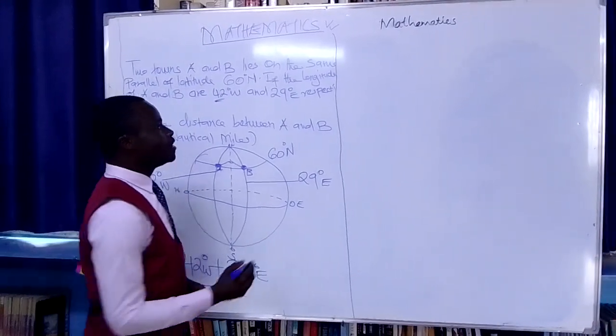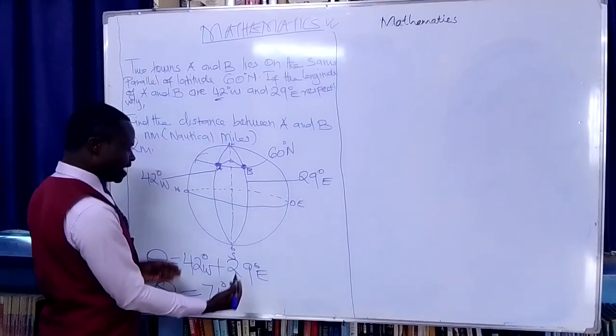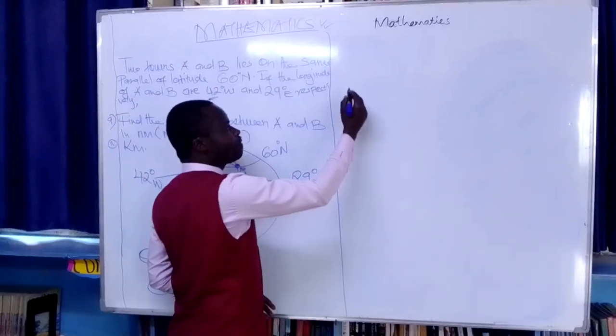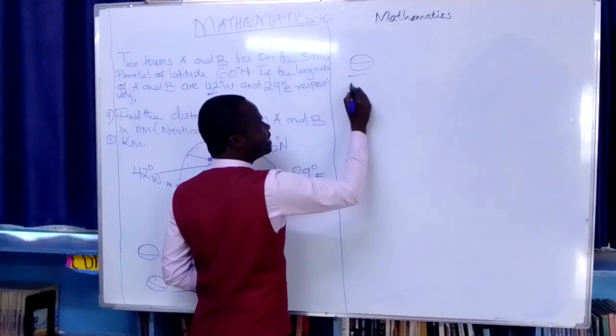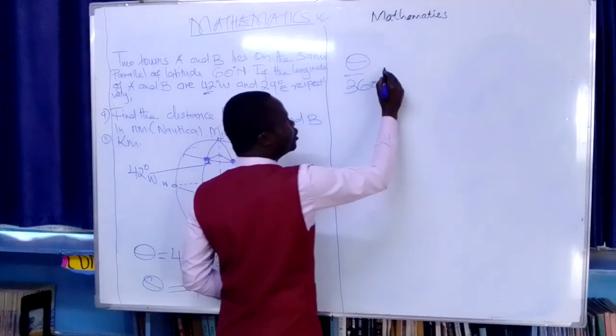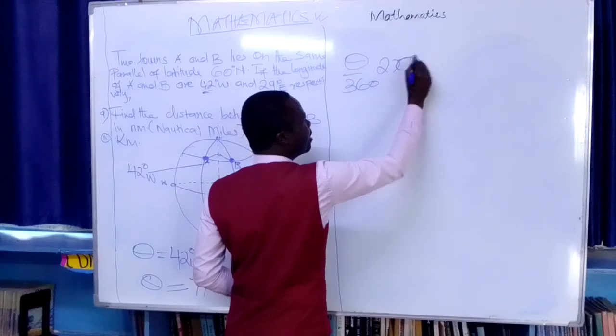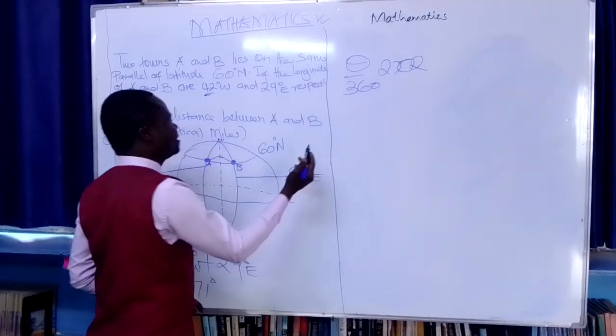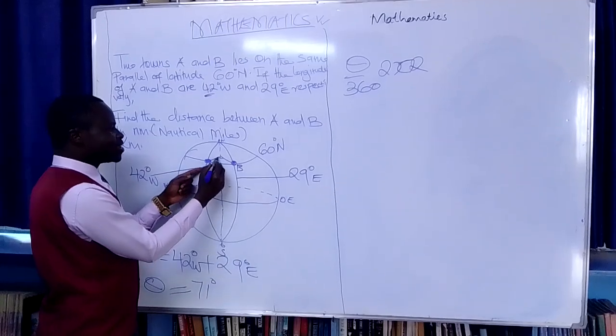This is what we are going to do. If you are calculating distance on a great circle, we normally say theta over 360 times 2 pi R, big R. But remember, this is a distance on a small circle.